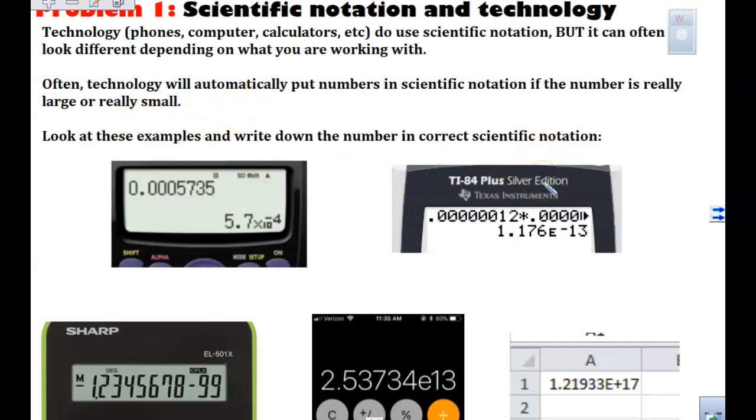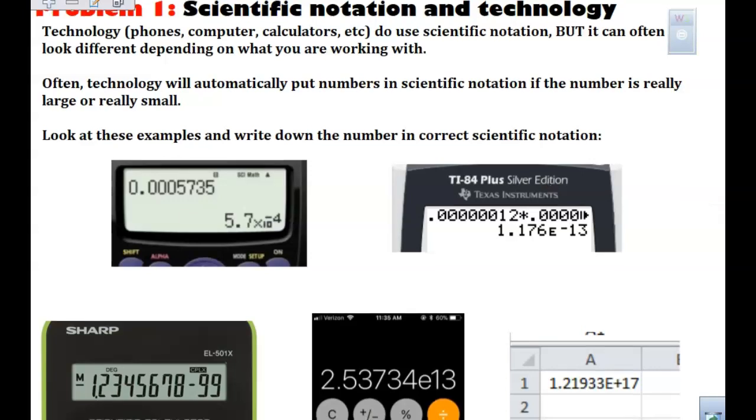She was talking about when she was in her high school classes that people don't understand what different technology looks like. So it automatically will put numbers in scientific notation if they're really big or really small. If there's going to be 31 decimals or 31 zeros before the number, it's automatically going to put that. So these are some examples of ways it might look.